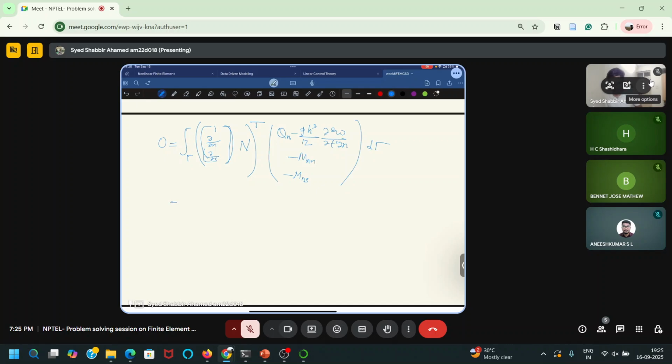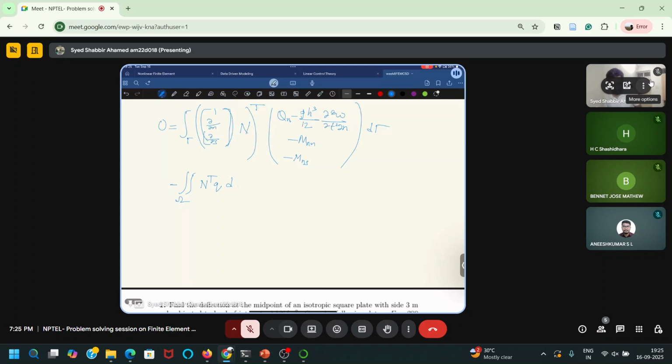And next, I'll go to the domain or the main equation, which comes in the form of K into U, W is equal to F. This is the integral which will give me the nodal force vector.